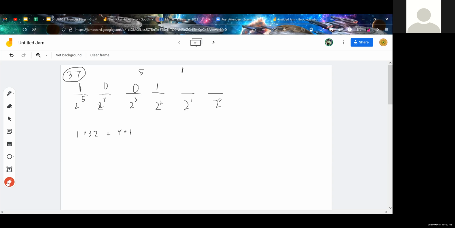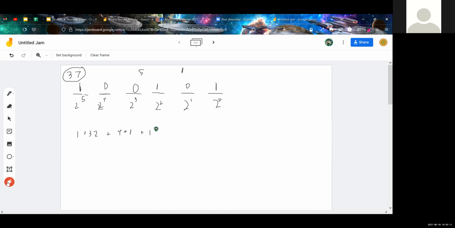The largest power of 2 that fits into 1 is just 2 to the 0, right? Because 2 to the 0 equals 1. So we have 1 of this. So when we write 37 in base 2, it's just going to be 1 times 32 plus 4 times 1 plus 1 times 1, right?